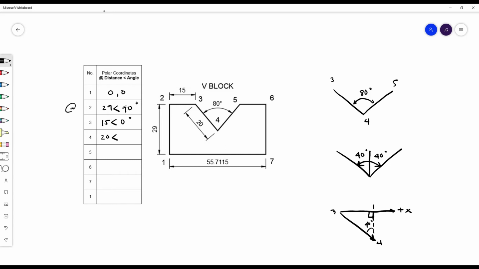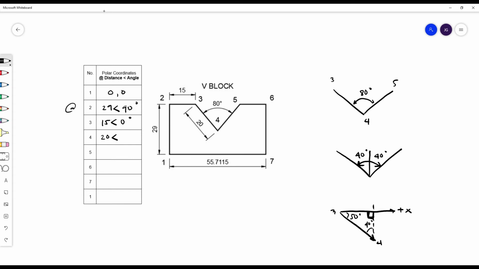So this is equivalent to 180 degrees, which means this is 90. This is 90, and we have 40, so this is 50 degrees.